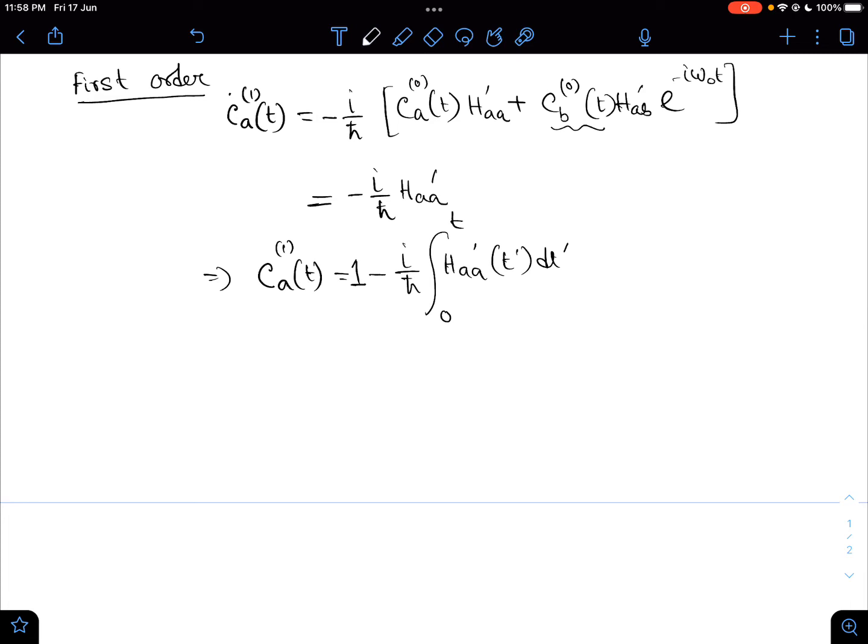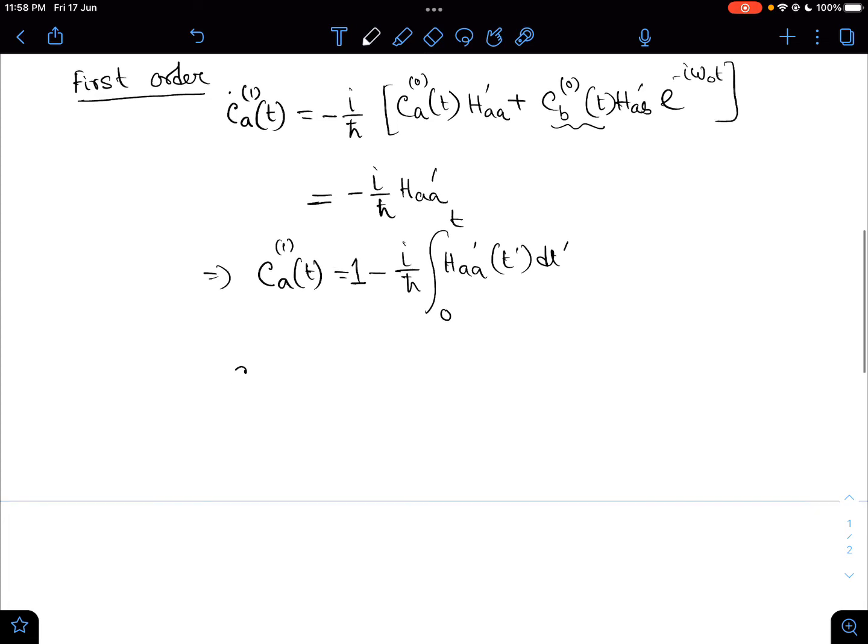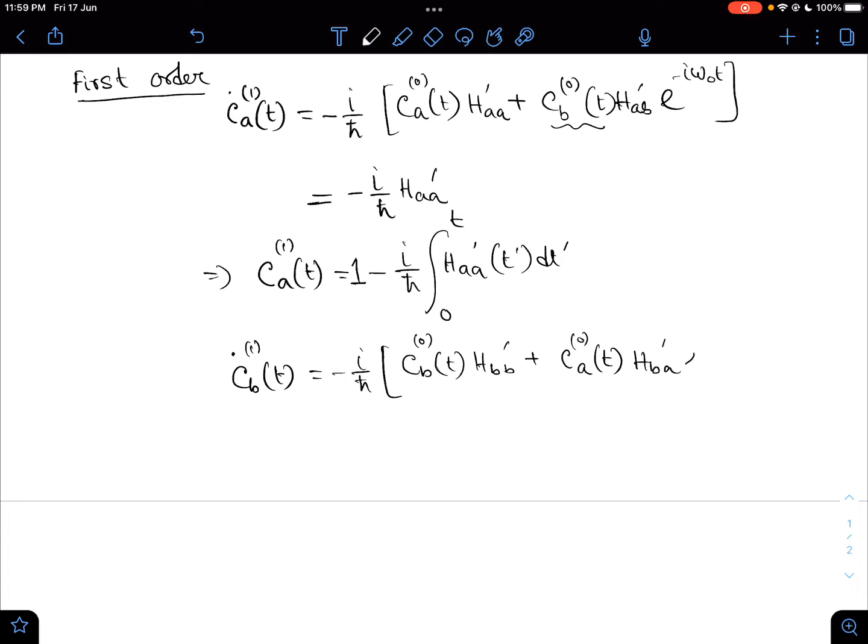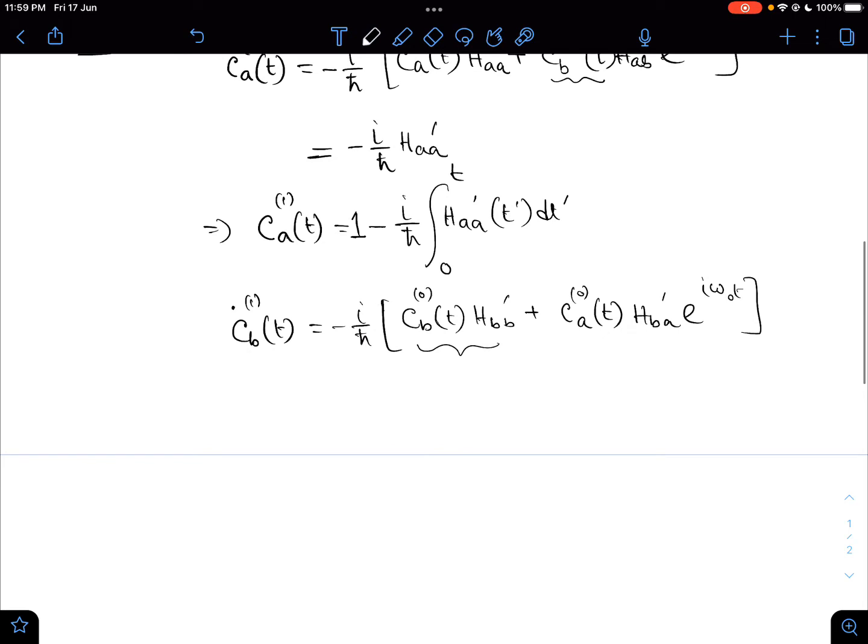And what will be c_B? c_B dot in first order will be minus i by h cut times c_B at time 0 H_BB prime plus c_A in zeroth order H_BA prime e to the power i omega_0 t. Here the first term will give us 0.